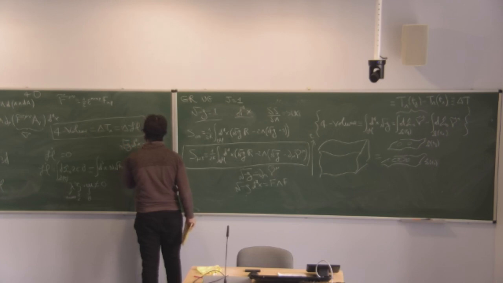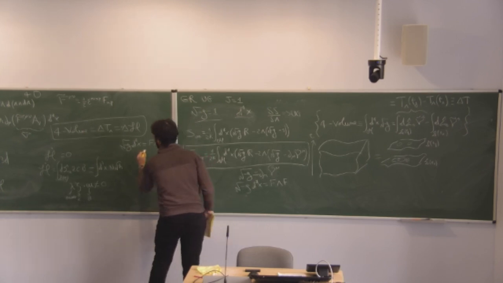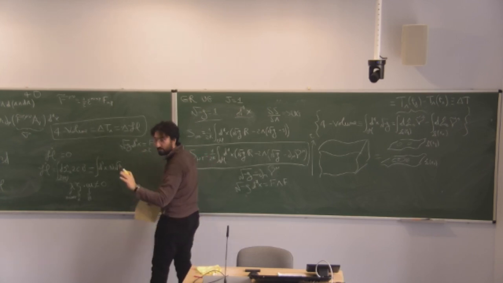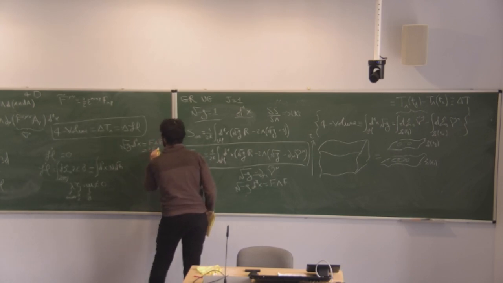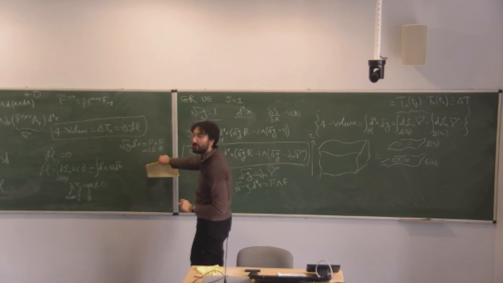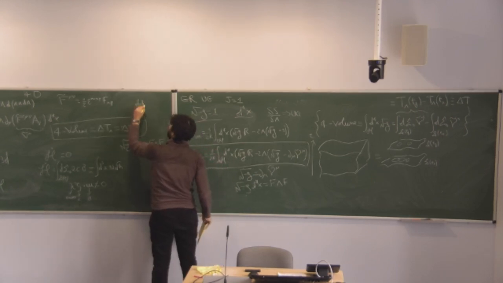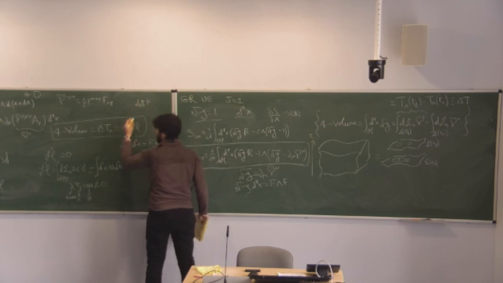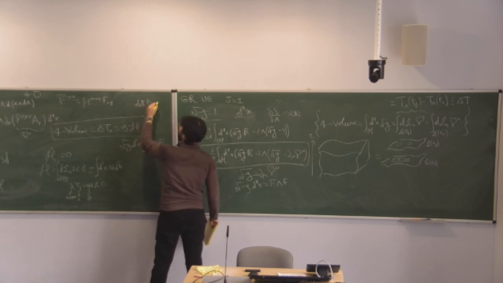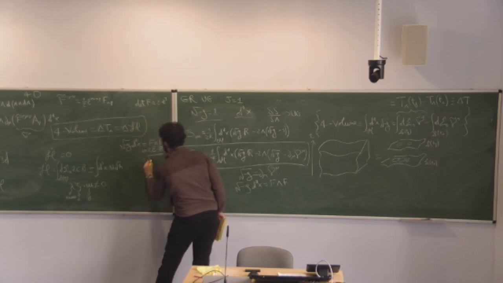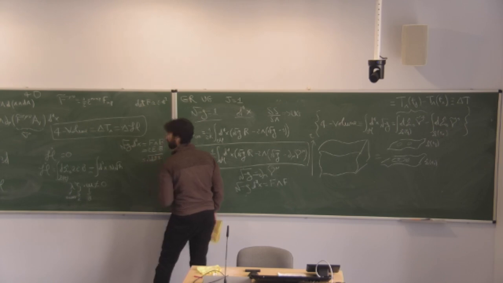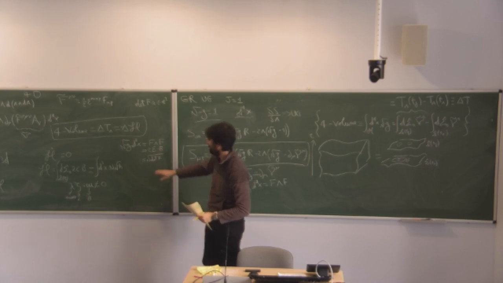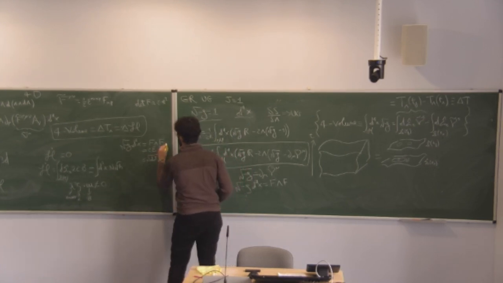D4x F wedge F. You can compute F wedge F. F wedge F is just, up to, don't take me seriously with the signs and numbers, E dot B. But what is E dot B? If you take the determinant of F, you know F is dA, by the way. F is E dot B squared, something along these lines. So this is just equal to the root of the determinant of F. What is happening? There you go with d4x.